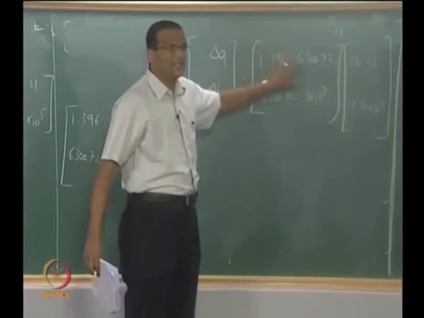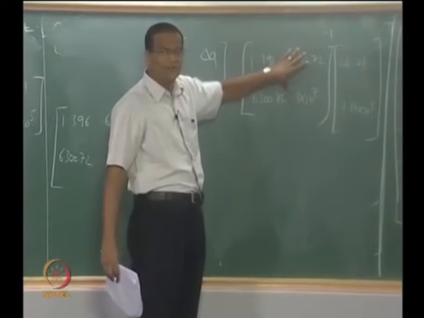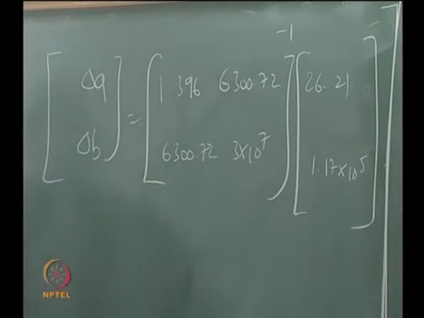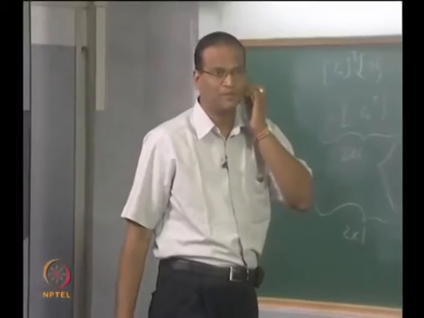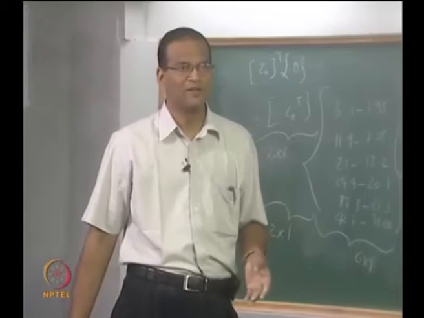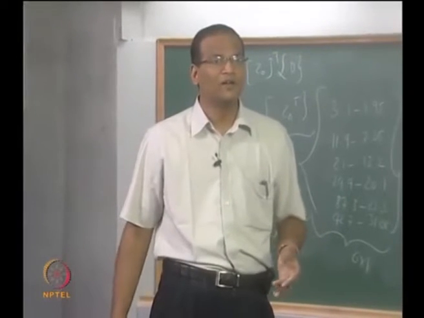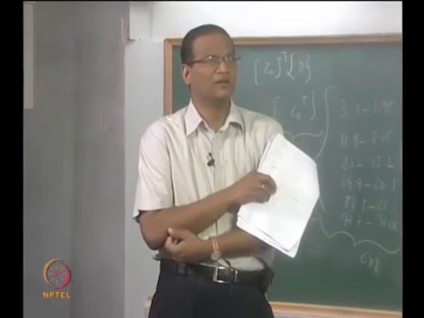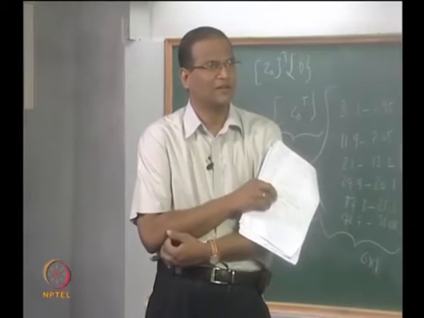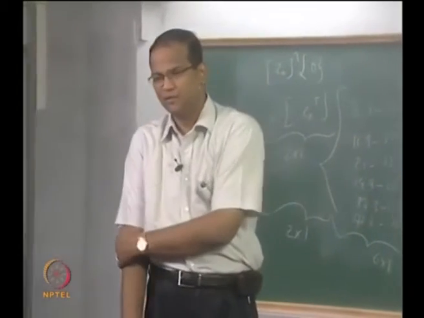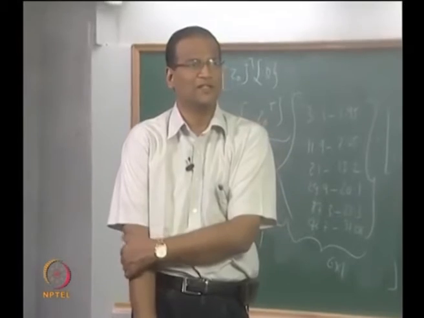So take the determinant, exchange these two, put minus, get the inverse, cross multiply, get the values of delta A, delta B. Abhishek, you got it? No calci, yeah? Pawan, got it? You lost? I think otherwise the fun is lost. Please bring your calci.